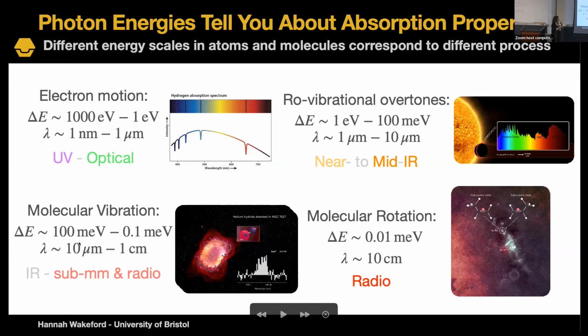As we head out to longer wavelengths, we hit those vibrational modes. That's literally the stretching of the bonds between the atoms within our molecules themselves. And at even longer wavelengths, at the radio level, we're looking at the rotation of those molecules, so how they're physically moving around in space relative to that electromagnetic radiation that we're seeing. So you can already tell something about the astrophysical processes occurring in your object by the wavelength of light that you're measuring it at.